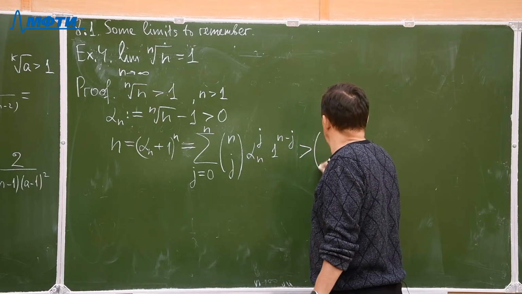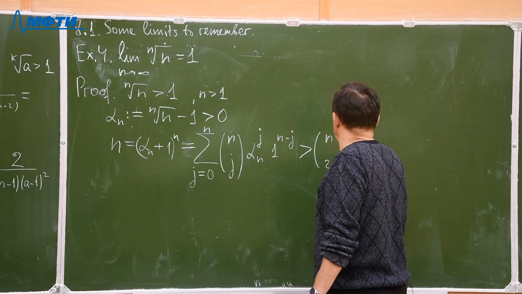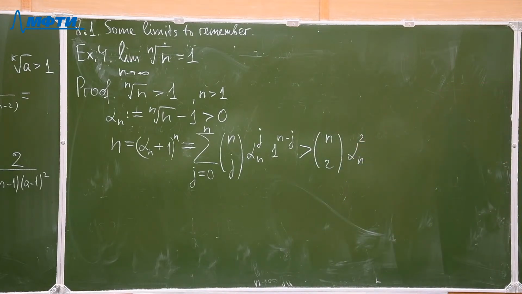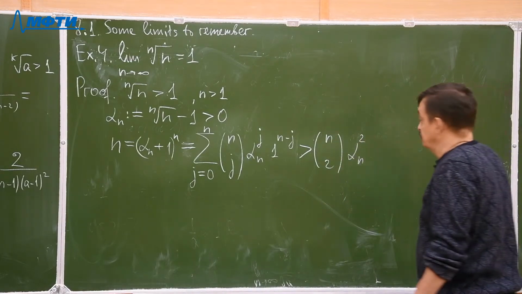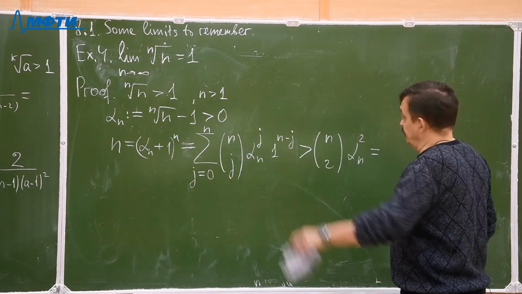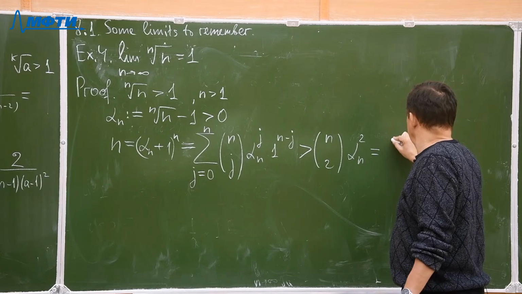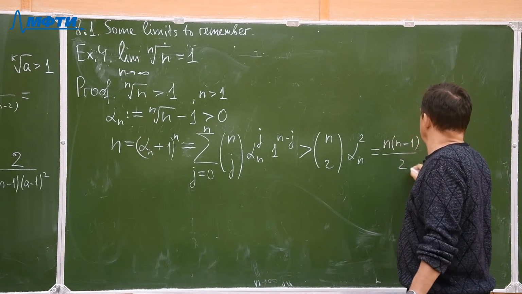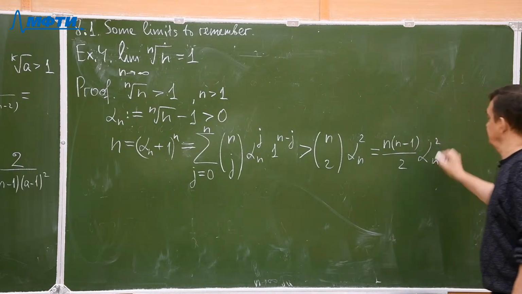So n choose 2 alpha n squared, and n choose 2 was computed as n times n minus 1 over 2, alpha n squared.